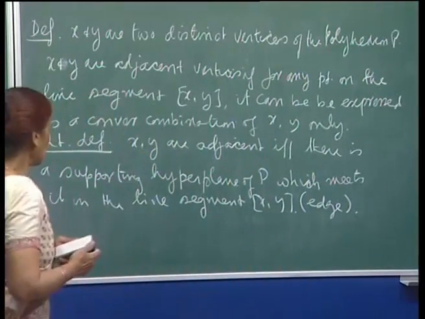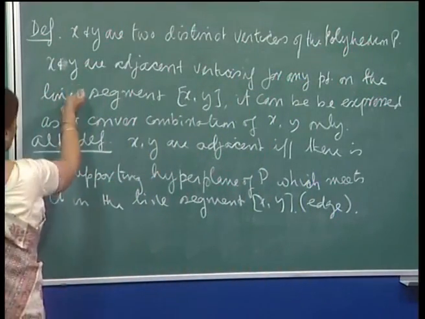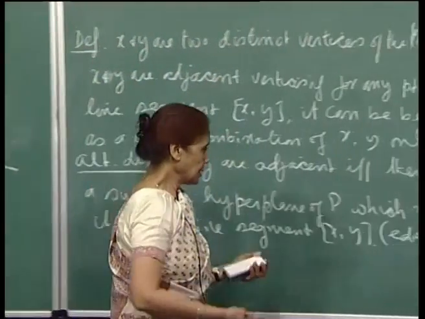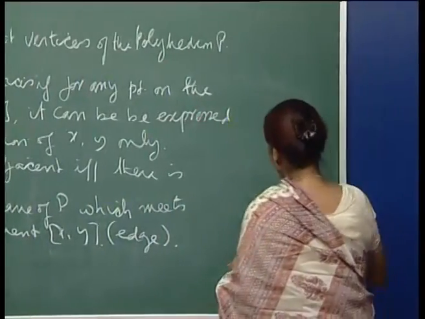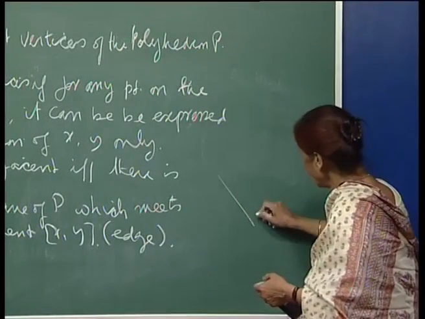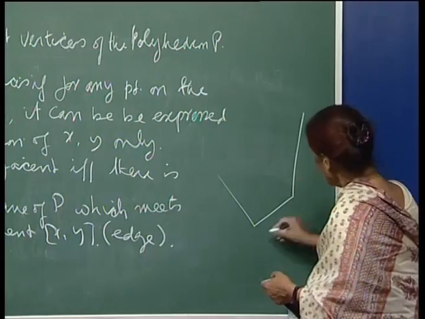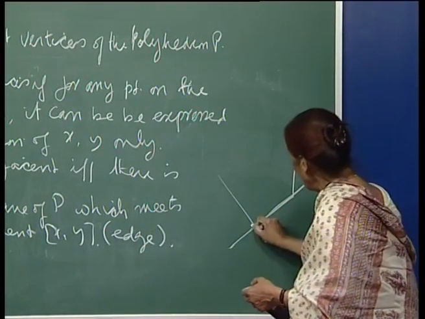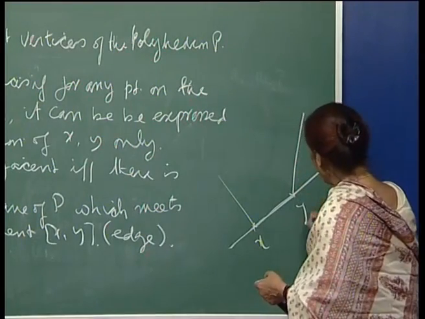Okay. And you can see very clearly that the two definitions are really equivalent. Maybe I will just show you geometrically, that you have this. So, I have a supporting hyperplane here. I am saying that this is x and this is y, right.